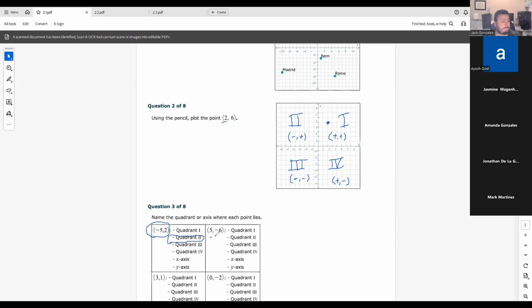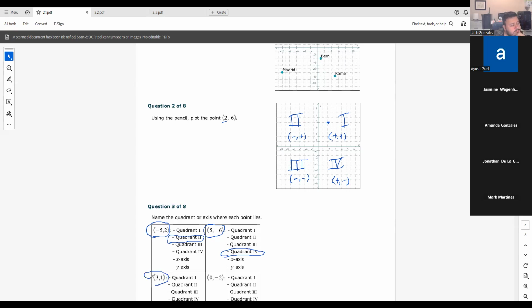What about this one? Yeah, it has to be 4, right?